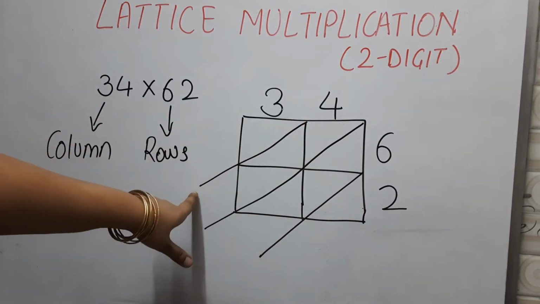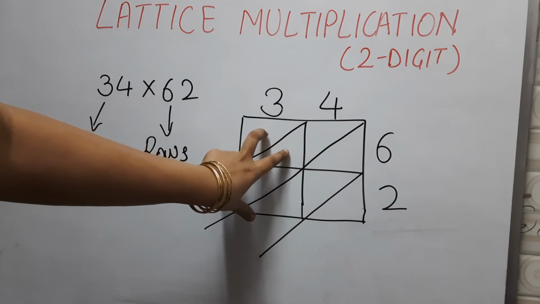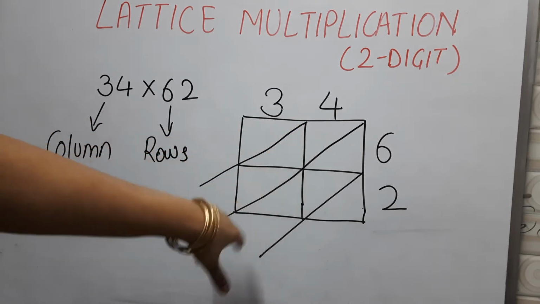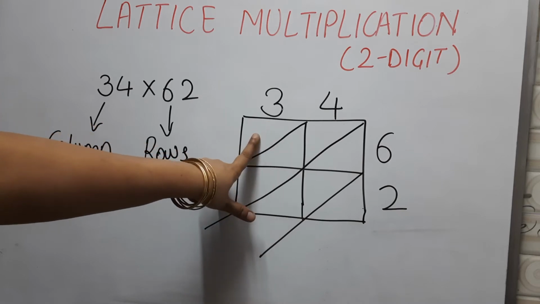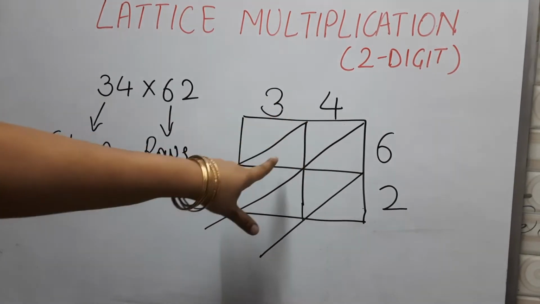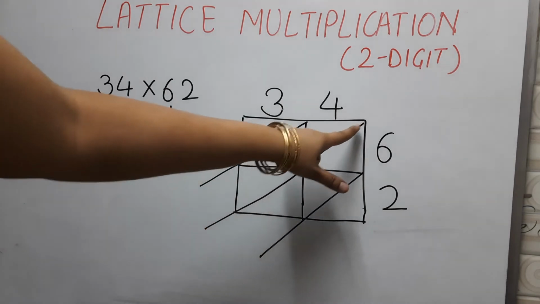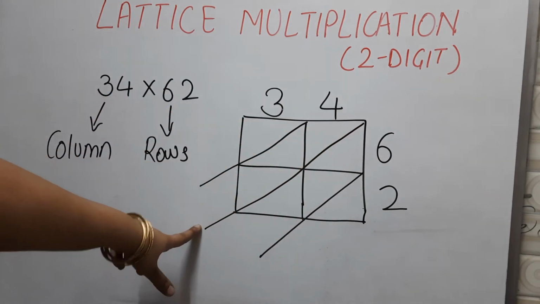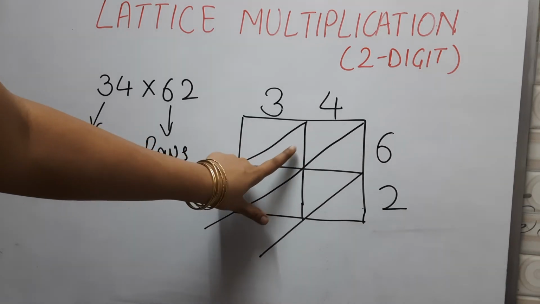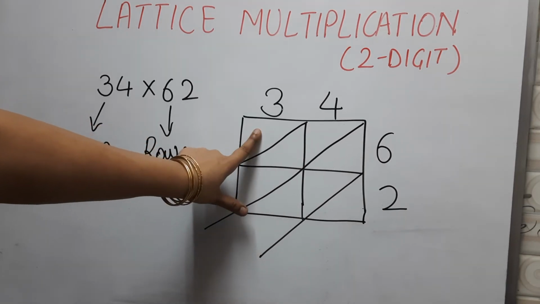Actually these slanting lines divide a particular box into 2 parts, representing ones and tens. Alright, I'll repeat it. In lattice multiplication, these lines divide a box into 2 parts, that is your ones part and tens part.